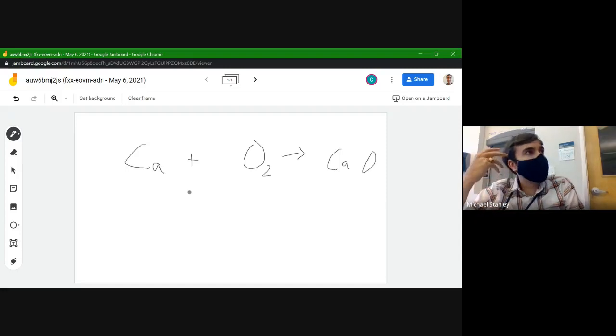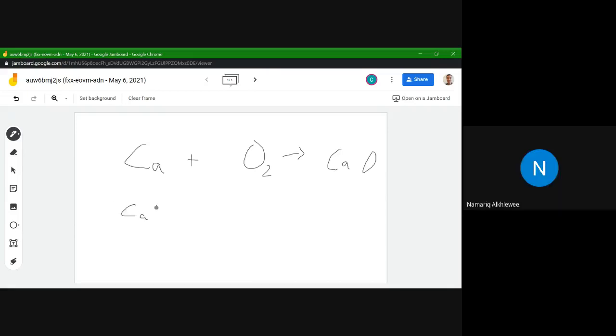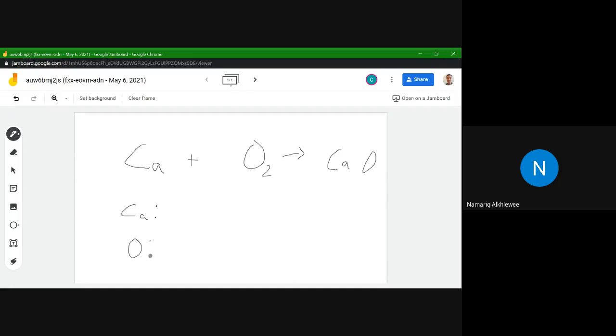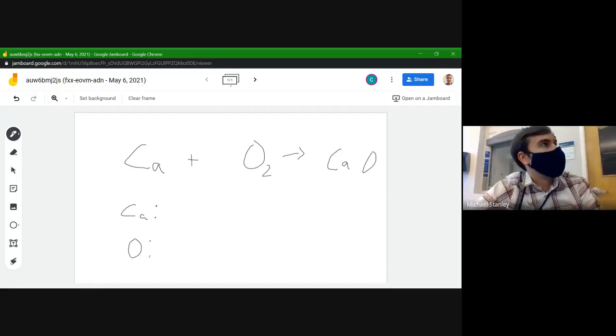So we have two different atoms here that we are dealing with, right? We've got our calcium, Ca, and our O2, oxygen.